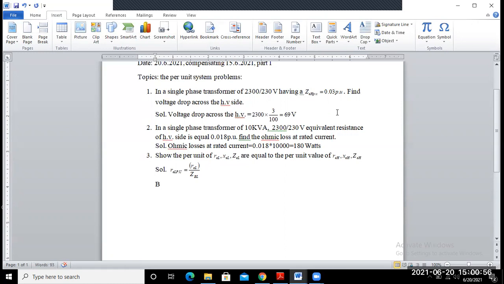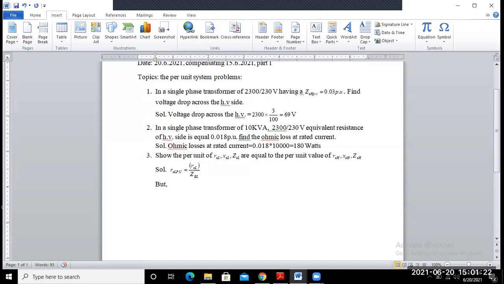But if you want to transfer the high voltage side resistance to the low voltage side, then we write the equivalent resistance of the high voltage side multiplied by the turns ratio of the low voltage side divided by the number of turns of the high voltage side, whole to the power square.